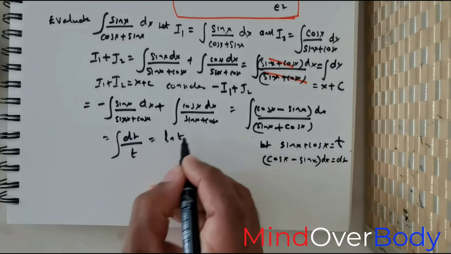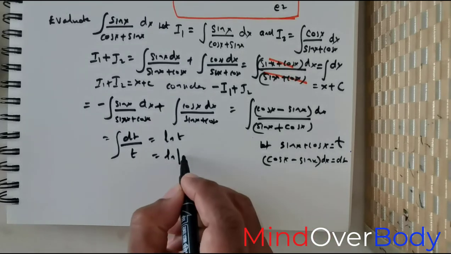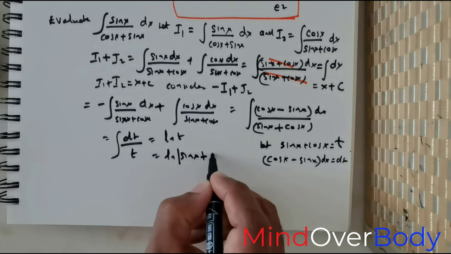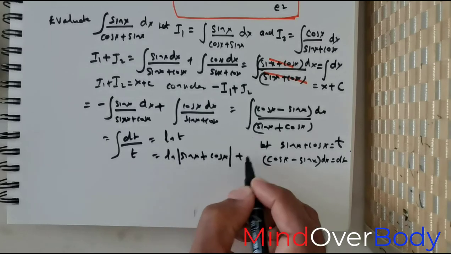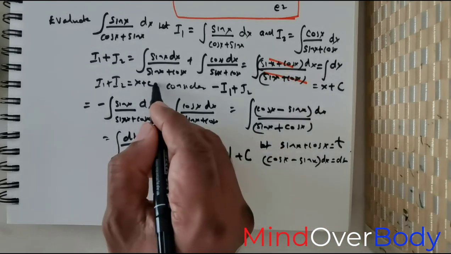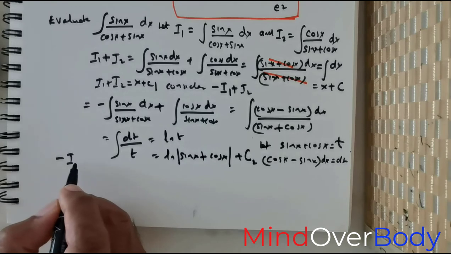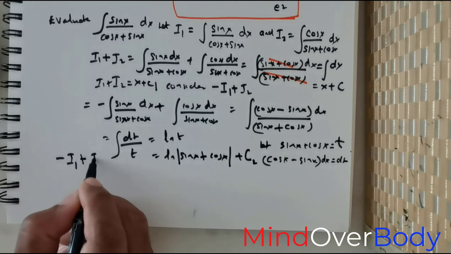So I get ln t, which is nothing but ln of the modulus, so my t is sin x + cos x, plus an arbitrary constant. Probably we can have a c1 here and a c2 here. This we have got because I've taken negative I1 with I2.